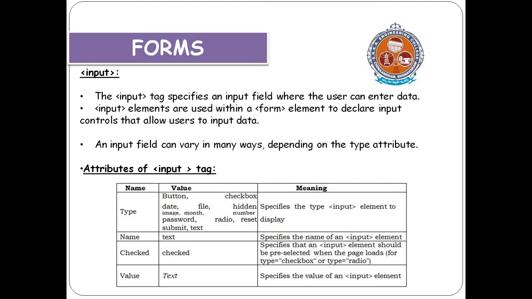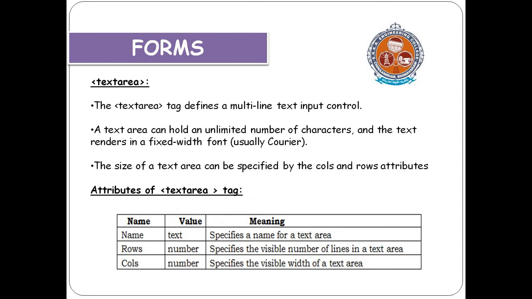The first element is input. The input tag specifies an input field where the user can enter the data. The input tag is used to accept the data from the user. For example, consider your Gmail page. In that Gmail page we have a login.